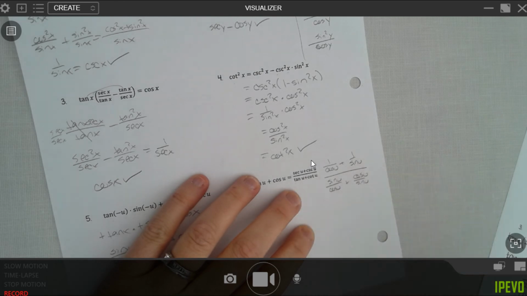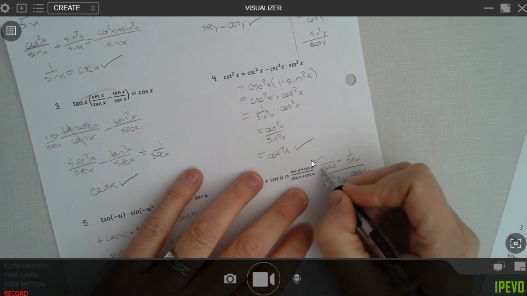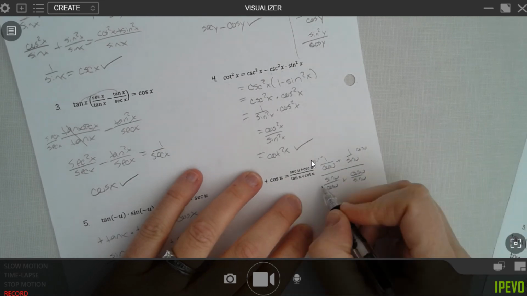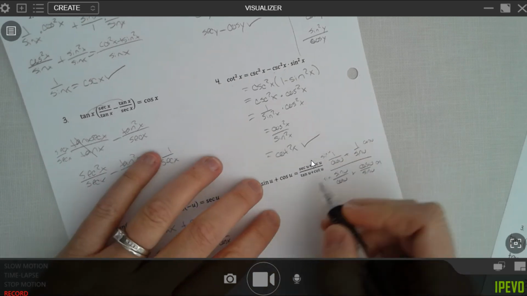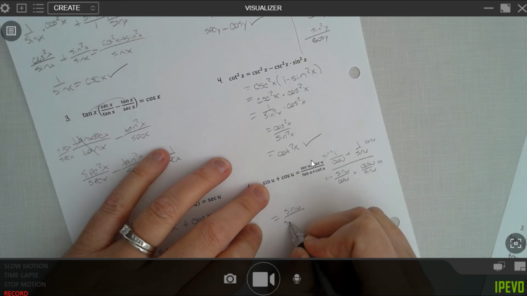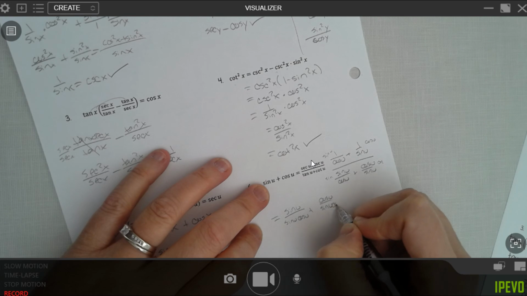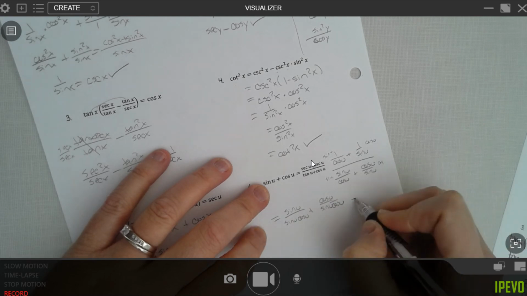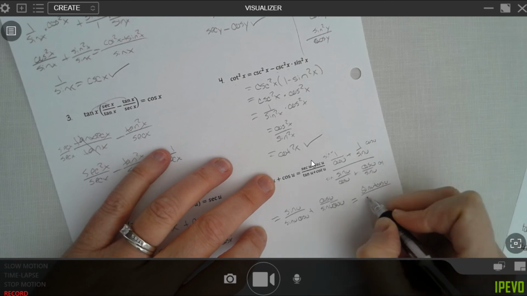So what we need to do is common denominators. So I multiply this by sine u's. This one's going to get the cosine of u's on top and bottom. So on my top fraction now, I have sine of u over sine u cosine u plus cosine u over sine u cosine u. So on top, that's just going to give me sine u plus cosine of u over that bottom.